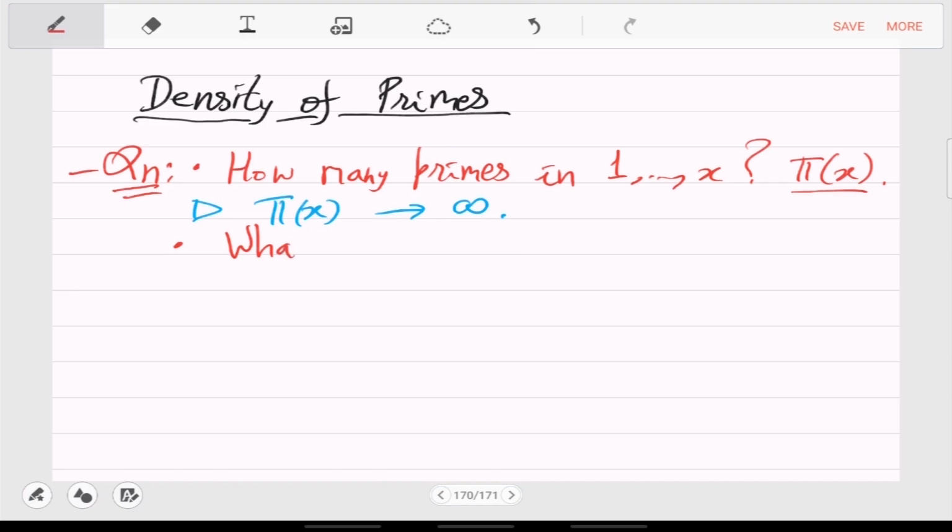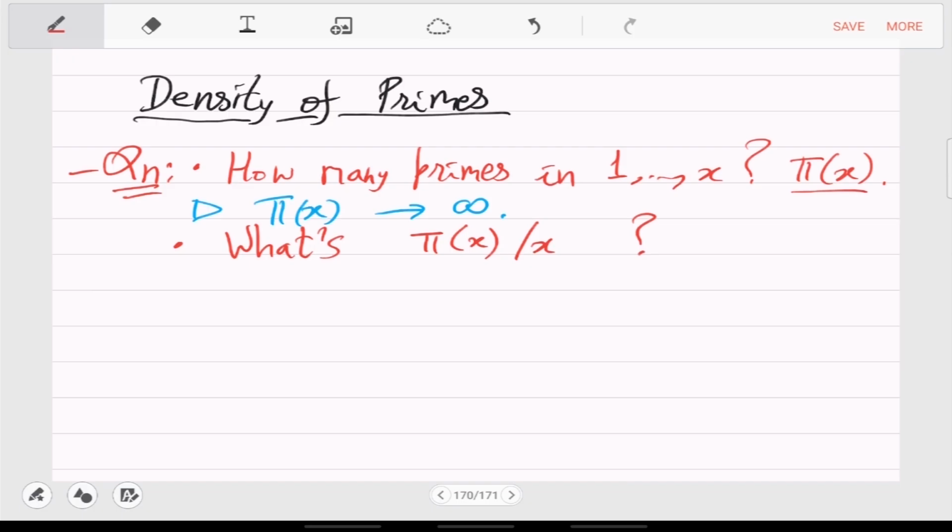So what is pi of x divided by x? In any interval up to x, how many primes are there as a fraction? What's the density of prime numbers? This is important because if this density is extremely small, then you will not be able to find useful primes in practice for any of the applications.